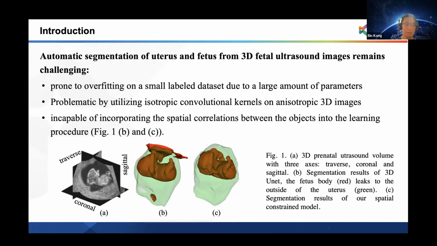The second challenge is that sometimes the 3D images are anisotropic, which means that the spacing between the voxels is different in different directions, right?